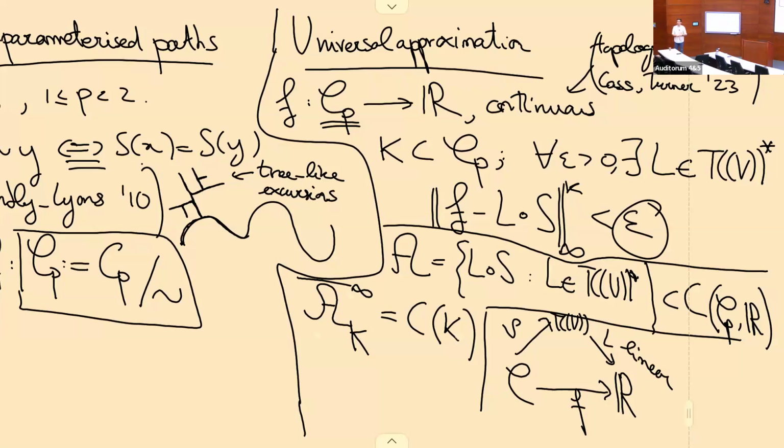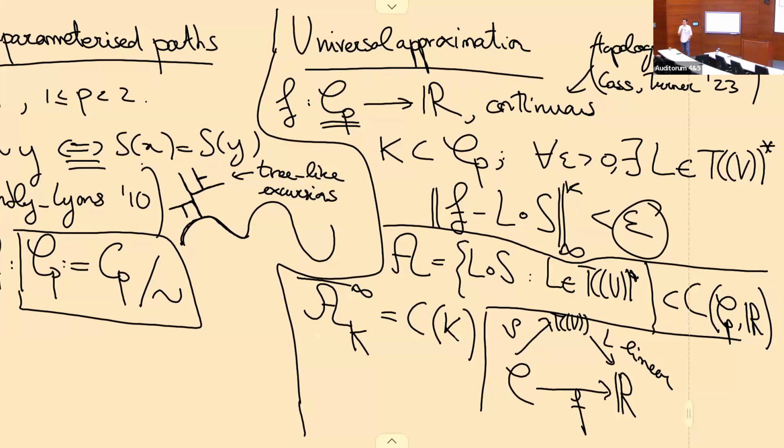Yes, it's exactly like polynomials. Essentially the signature plays exactly the same role as polynomials, but for paths. The iterated integrals are exactly like monomials, and linear combinations of iterated integrals are polynomials. That's the analogy.